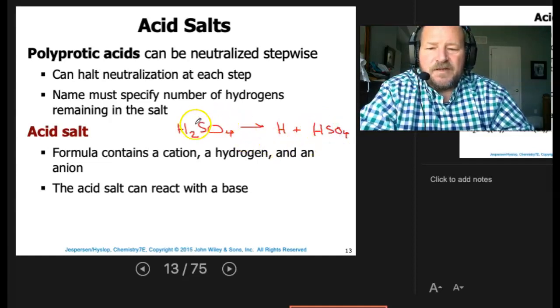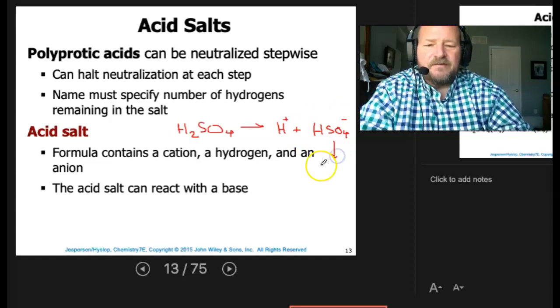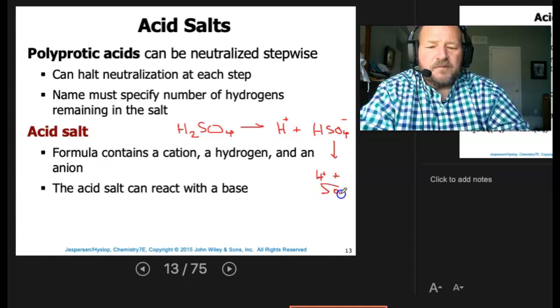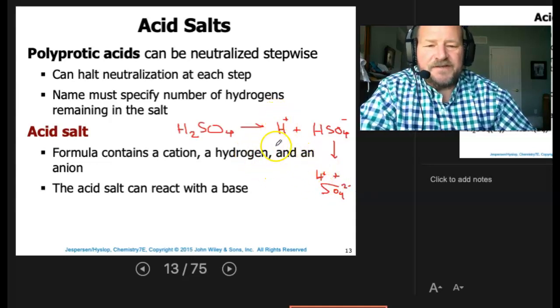Remember, this is going to be no charge. This is now a plus and a minus. And of course, then we can take this one and do another step where we get H plus SO4 2 minus, right? So we can take each hydrogen off stepwise.